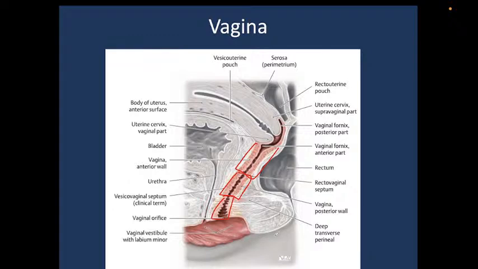The upper part of the vagina connects to the cervix of the uterus and is called the vaginal fornix. These two split to small cavity is the fornix of the vagina.